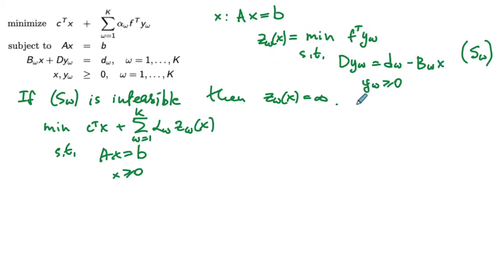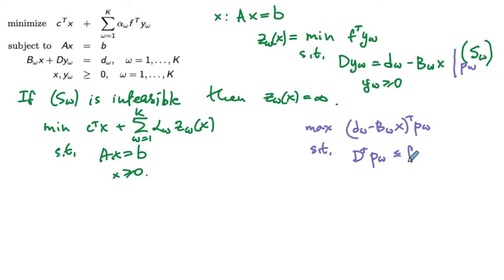Now let's consider the dual of the scenario problem here. Let's denote the dual variables by p omega. Then our dual LP is going to be maximize d omega minus B omega x, transposed, multiplied by p omega, subject to D transposed p omega is less than or equal to f.